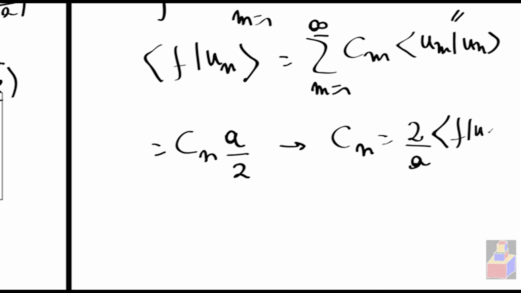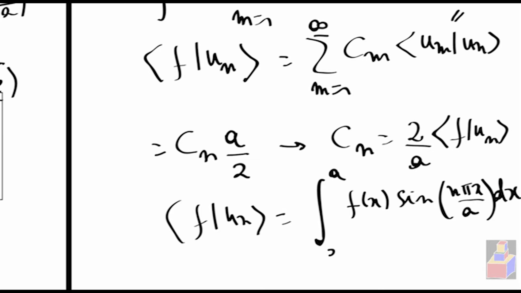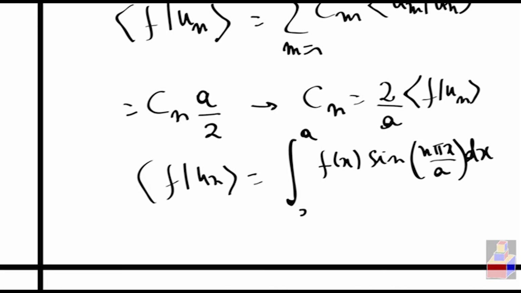All I have to do is calculate this dot product here in function space, which is, in fact, the integral of f, which is going to be specified for a given problem, times the eigenfunction, which is sine of n pi x over a, dx. Okay, so that's the solution. Once you obtain Cn, you're going to have An.